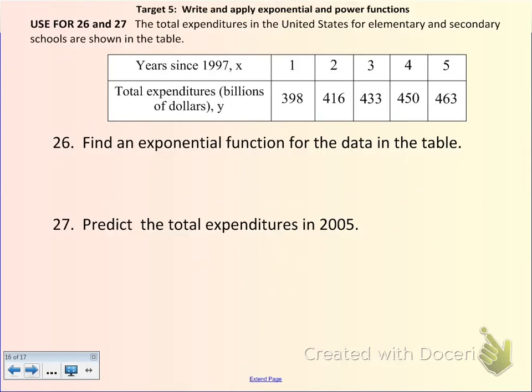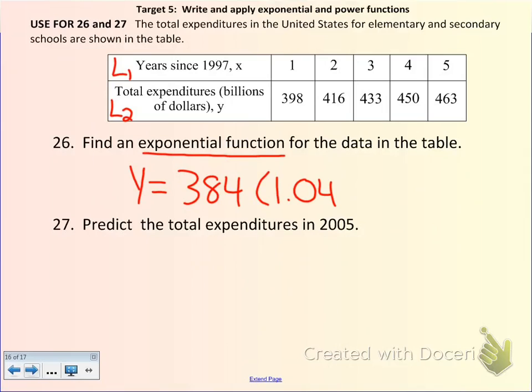Again, your x's are your L1s, your y's are your L2s. Plug them in, go through, and this is an exponential function, so you hit the 0, the exponential function key. You're going to get an answer of y equals 384 times 1.04 to the x power.